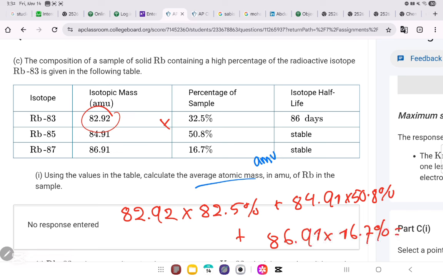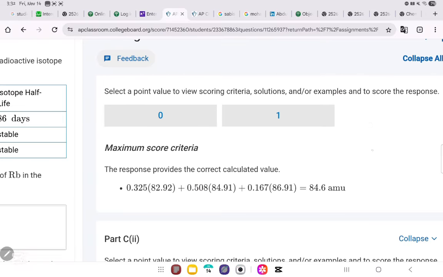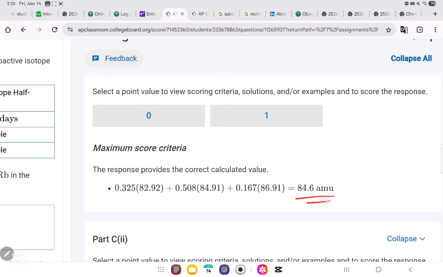Now, you add them all together, and you will get the average atomic mass to be 84.6 AMU. So let us check the answer key. The answer key is 84.6 AMU. They did it in the same method.